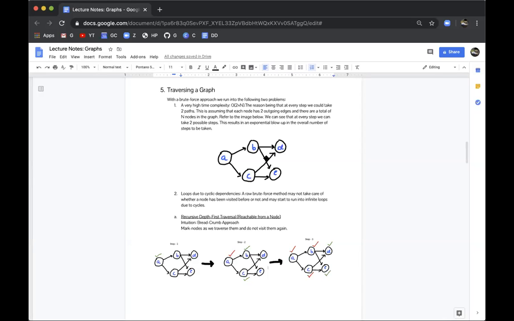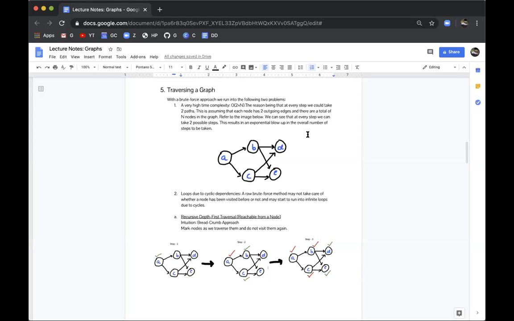If we take a very brute force approach to traversing a graph, then you would end up traversing the graph in a very unoptimized manner, and this would run into an exponential complexity in the number of steps you have to take.